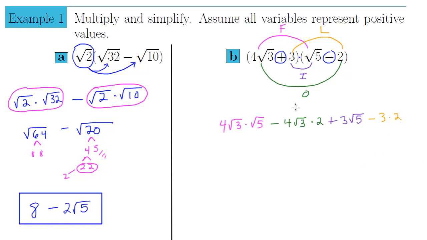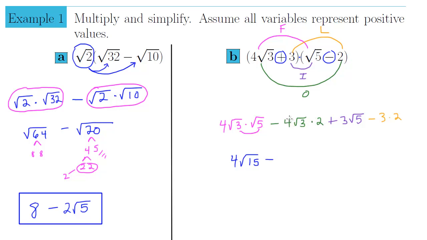At this point, we've expanded out our product, but we still have more multiplication to do. For example, 4 root 3 times root 5, we can multiply underneath the radical symbols and turn this into 4 root 15, minus 4 root 3 times 2.